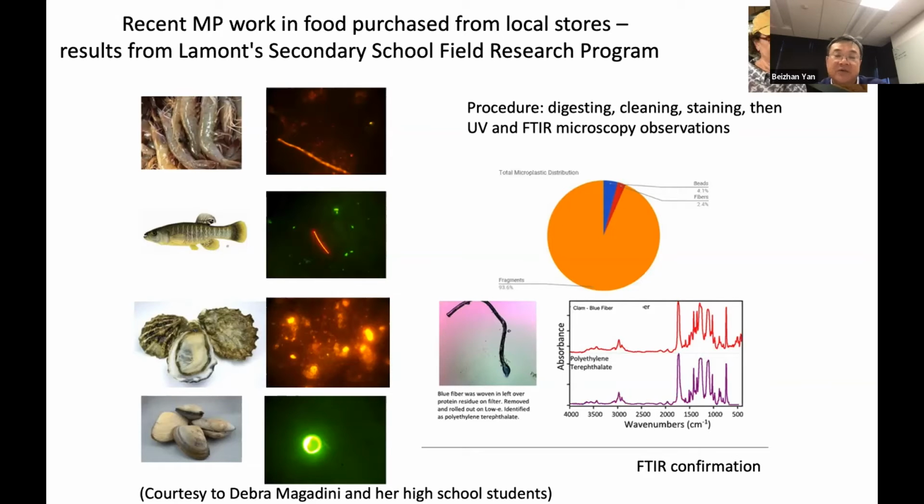So she started a research team that purchased seafood from grocery stores, took out the tissues, digested them, and measured what microplastics were in them. It turns out that in every one of them, including shrimp, fish and clams, there is plastic. She used NIRAD to identify the plastics, and also FTIR to find out what kind of plastic it is.